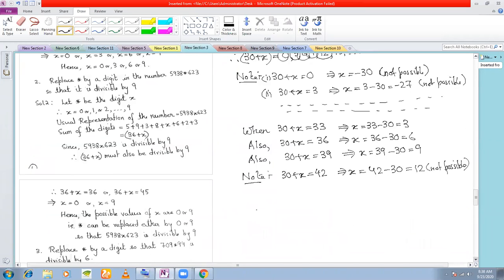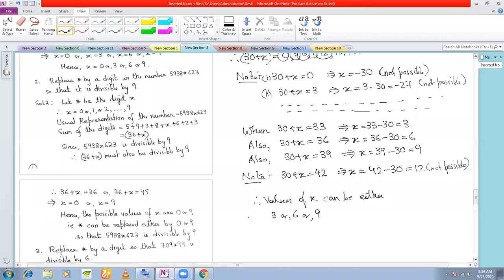So therefore, what are the acceptable values? The values of x can be either 3 or 6 or 9. Okay.